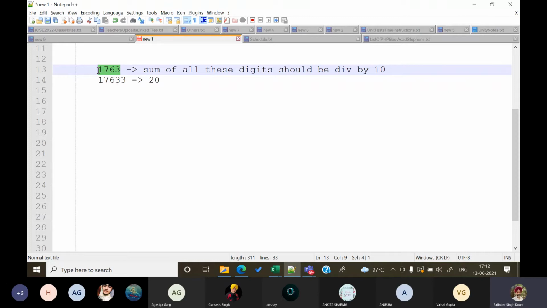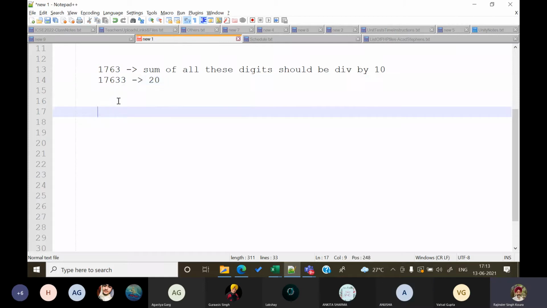So by adding 3 to it, I will make it divisible by 10, isn't it? So what do I do with that 1763? I simply concatenate a 3, which is now my check digit. This check digit basically is the digit which is responsible for making this whole thing divisible by 10. Right? Can we understand this?